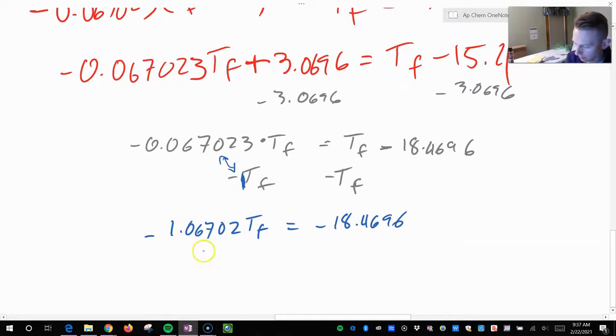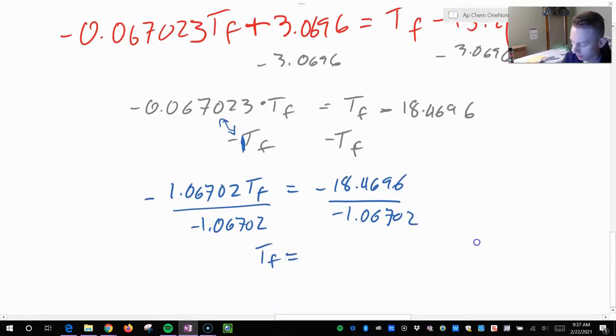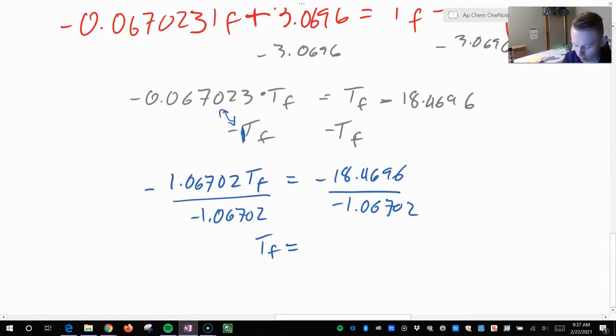And then lastly, we divide. The final temperature is, drum roll, the negatives cross out, and we're left with 17.3 degrees Celsius with the right amount of sig figs.